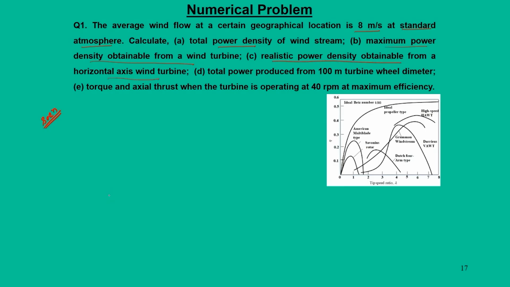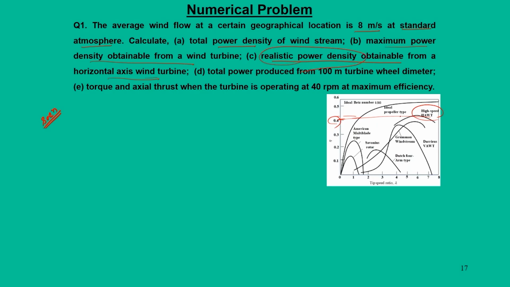So, in that location if you want to put a wind machine, and that is nothing but a horizontal axis wind turbine, then you need to assume certain efficiency. To assume certain efficiency we can refer to this particular curve, that if you take a particular horizontal axis wind turbine, typically their average efficiency falls at 0.4. So, that is what we say is a realistic power density corresponding to this efficiency.